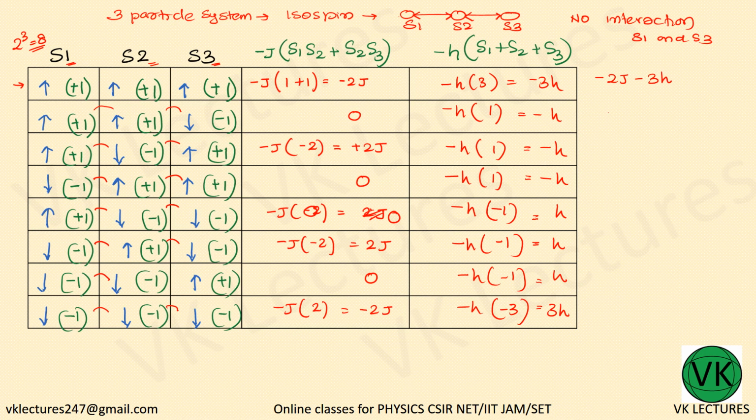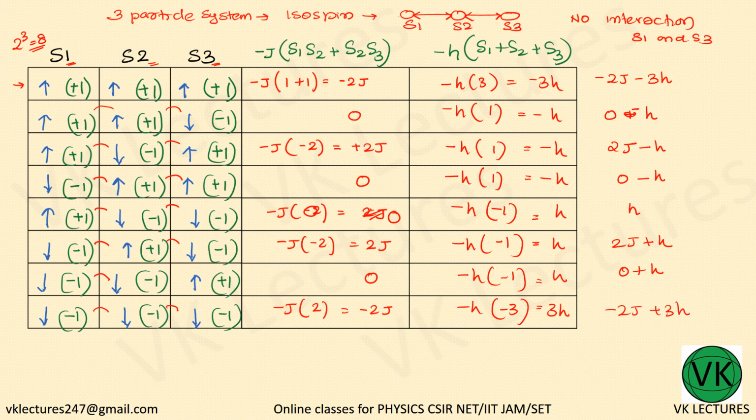Here it will be 0 minus, so minus of minus plus H. Here also 2J, sorry, this is plus, so minus 2J minus 3H, 0, okay, this is minus only, so 2J minus H. Here we will have 0 minus H, this is H, 0, this is again 2J plus H, this is 0 plus H, this is minus 2J plus 3H.